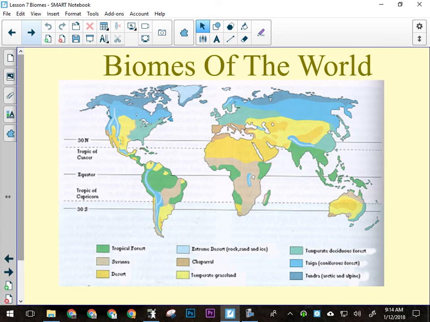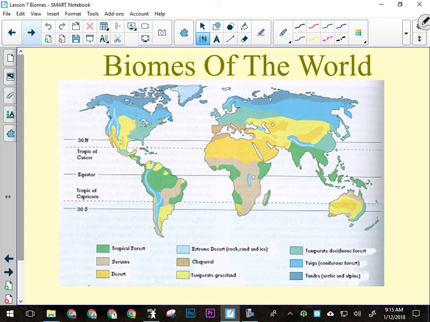So here's a map of all the biomes as we understand them on planet Earth. Anywhere you see this light Kelly green is a tropical rainforest biome. There's obviously lots here in South America because that's where the Amazon is. We have a few rainforests in Africa, mostly on the Horn of Africa, a little bit in the south part, obviously on the eastern parts, and a bit on Madagascar.